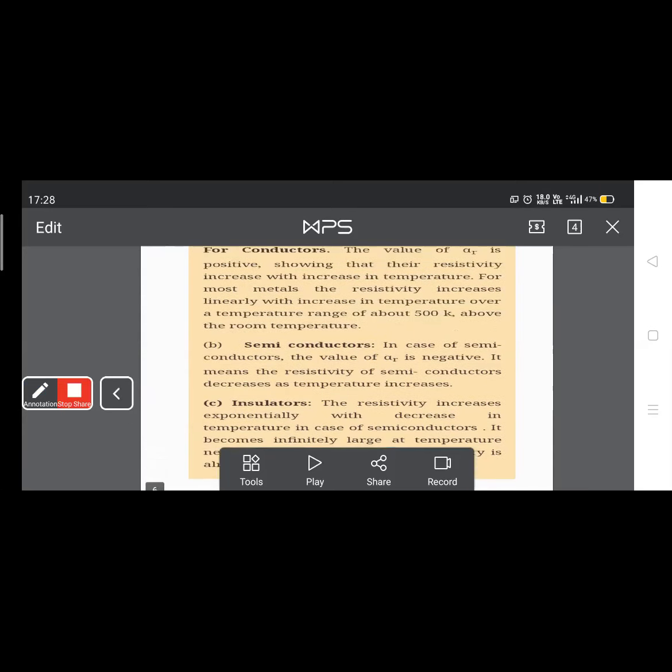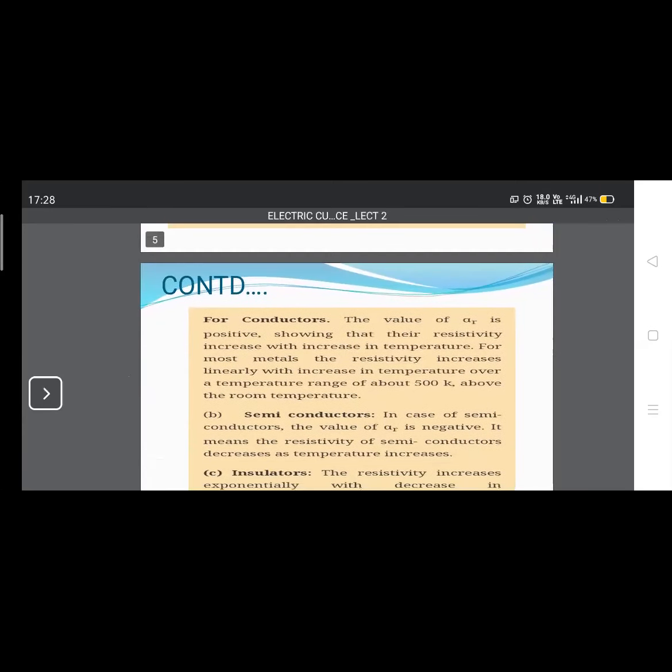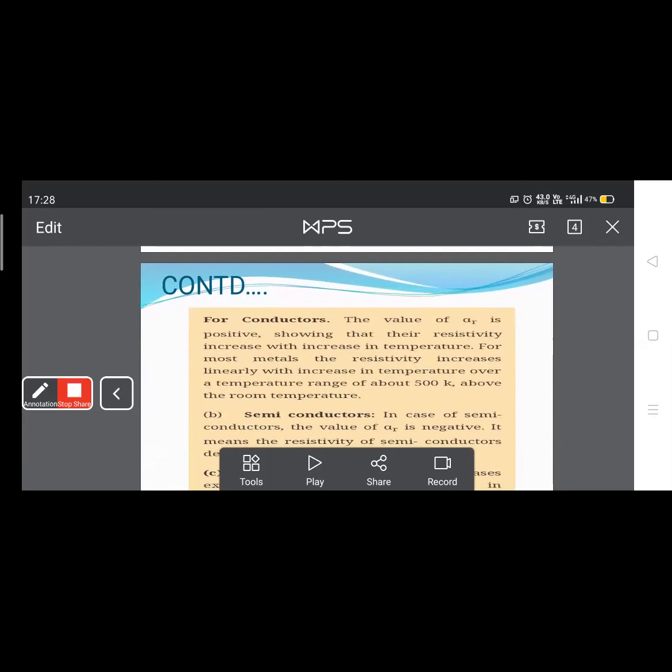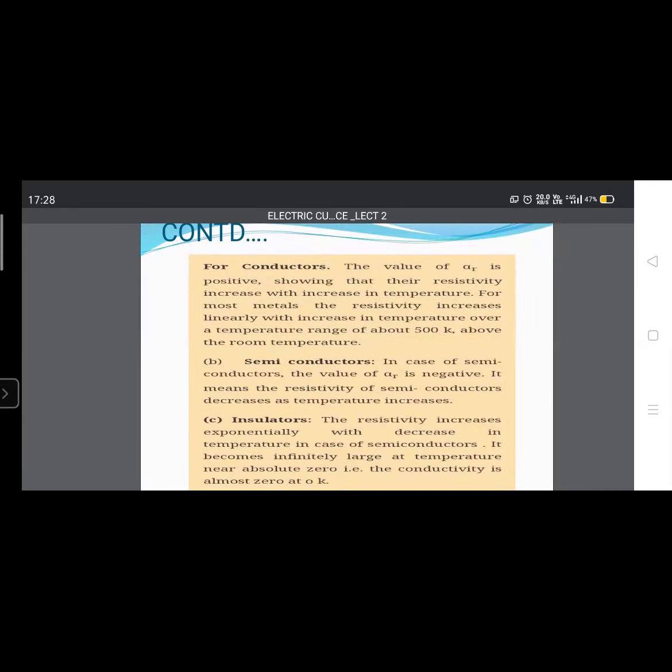So I think this is clear to you. What is the effect of temperature on conductor, on insulator, and on semiconductor, right? And what will be the effect of temperature on alloy? So alloys, they are good conductors, we have already discussed.